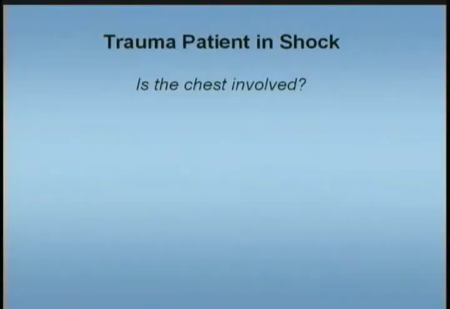So let's review together a little decision tree. Let's cut away from my face now and go to words on the screen. This is a decision tree that I'm suggesting you follow when you read in a vignette that a trauma patient is in shock. The first question that I want you to ask yourself, and go read the vignette again to find the answer, is: is the chest involved?